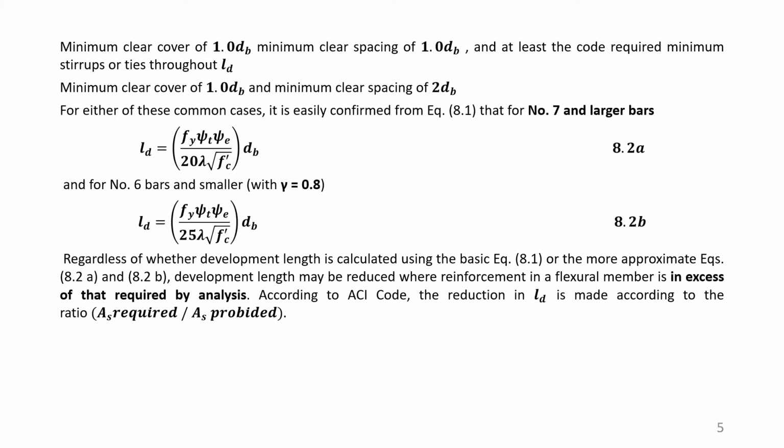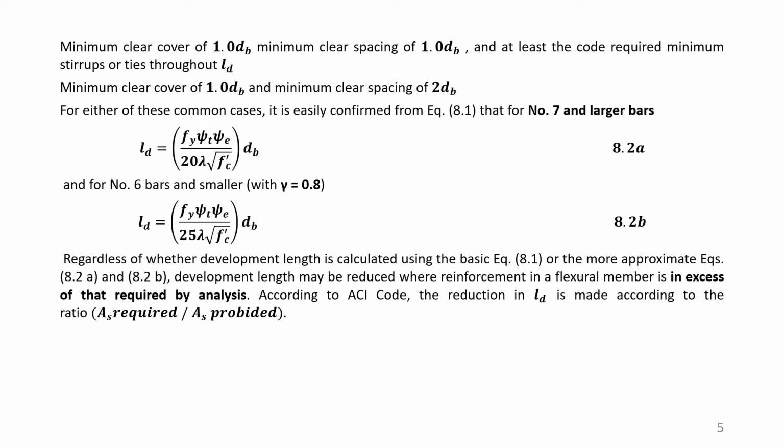If the diameter is smaller, the surface area is more in comparison with the area. That's why the factor in the bottom equation is 25, and the top equation requires 20 as the factor. Because the smaller the size, the more the surface area, that's why the development length will be less.